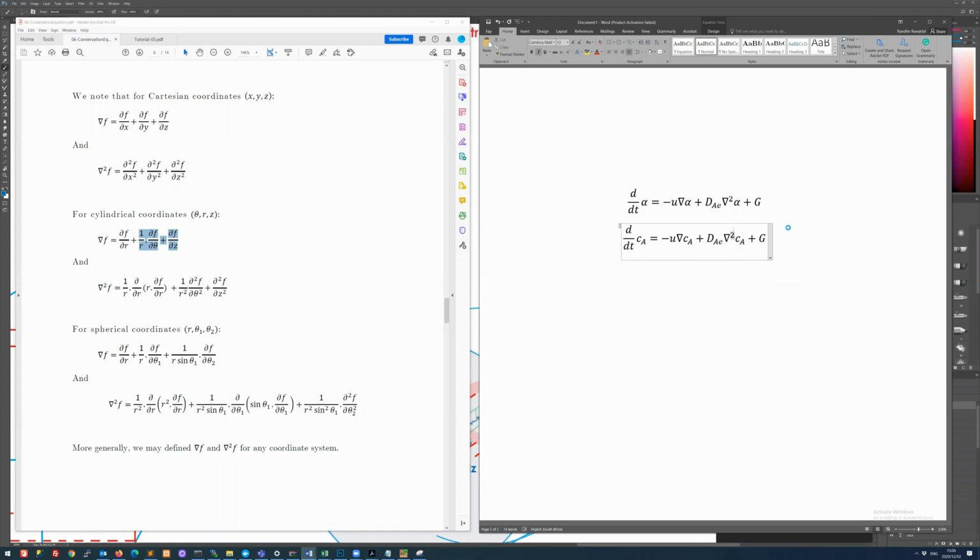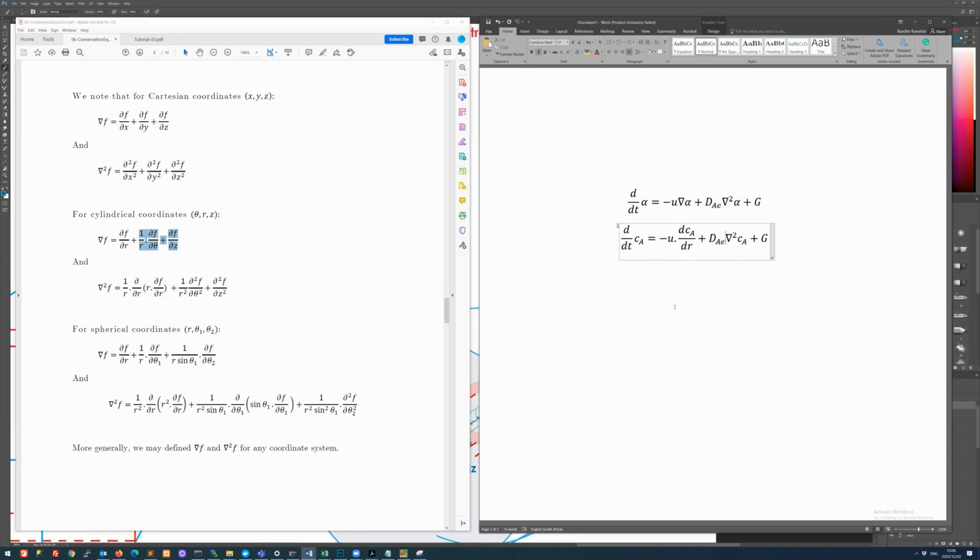We'll look at the specific forms just now. Let's get rid of these nablas. So nabla itself, we just saw, is just d/dr. So we can just write this as dC_A/dr. Right, so that's that part.